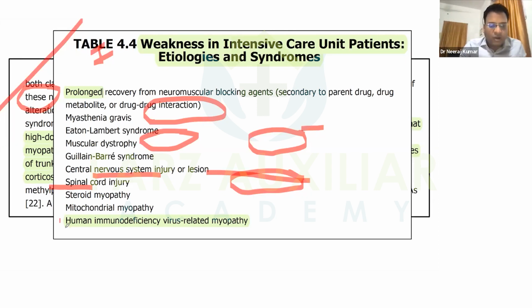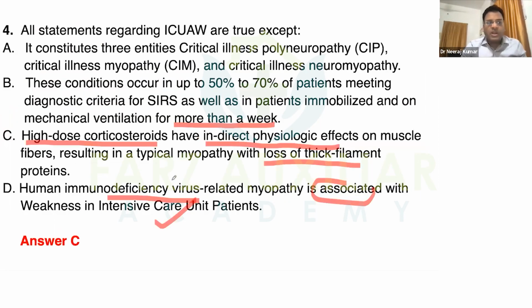That's why I have given this option, HIV associated or HIV virus myopathy. Now you see the option. The human immunodeficiency virus-related myopathy is associated with weakness in intensive care unit patients. So here, one of the viral diseases like HIV is associated with myopathy, and this can be one of the causes for ICU-associated weakness.